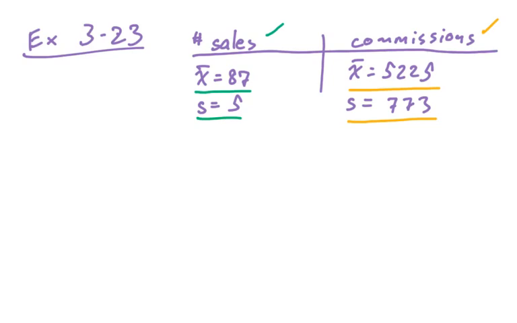Now, we can determine the variations of these two data sets and see which set is more spread apart, more varied. So for the sales, the coefficient of variation, how do we do that?